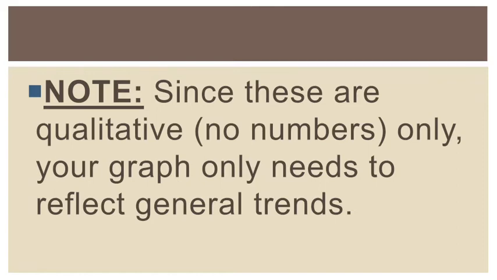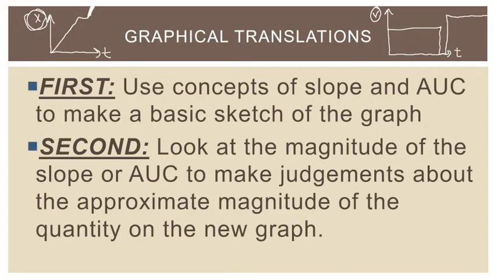So the point here, like in that last pretty bad example I gave, is if that second slope was twice as high as the first slope, there's no way that you could know that because there are no numbers on the graph. So you're not actually going to have to go nuts about, okay, wait, this line's got to be twice as high as the other one because the velocity is twice as much. You just need to show that it's more. That's what I mean by general trends.